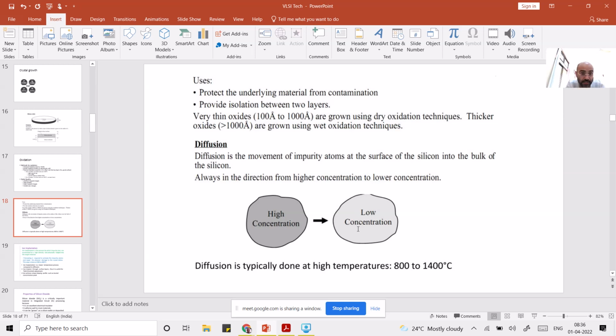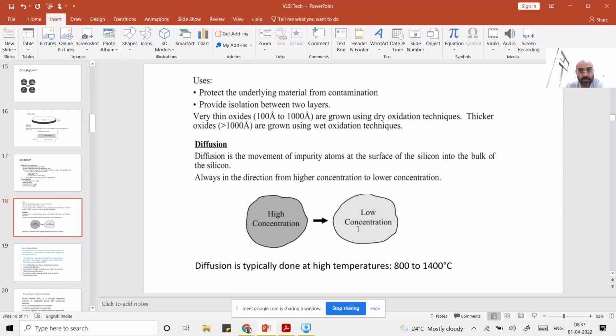In the crystal the silicon atoms are sitting, and they have some interstitial sites as well. So if the atomic size of the dopant is not comparable to the size of the silicon, then it creates a lot of stress in that region. So that is what matters in diffusion: the dopant concentration, the size of the atom, and what type of stress it creates.